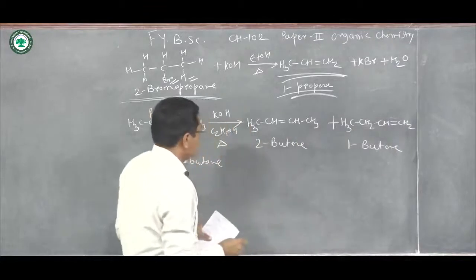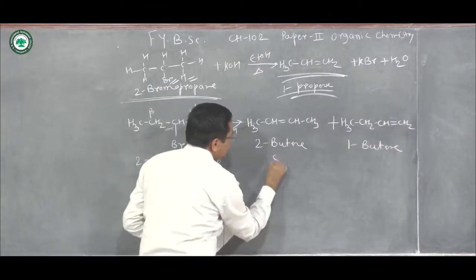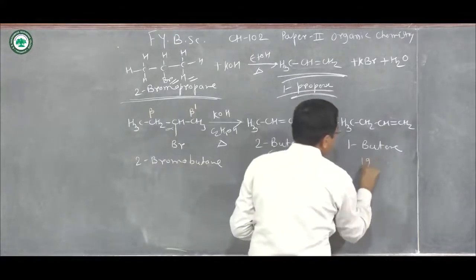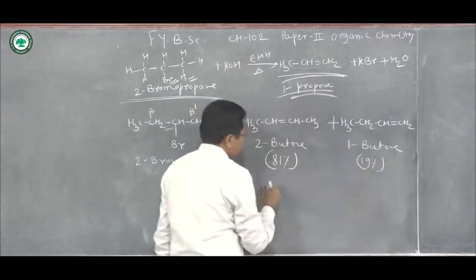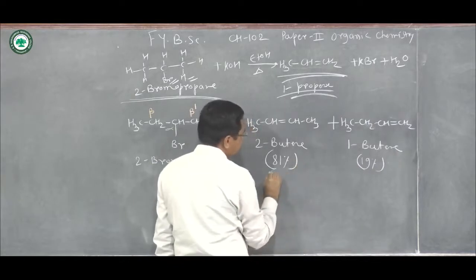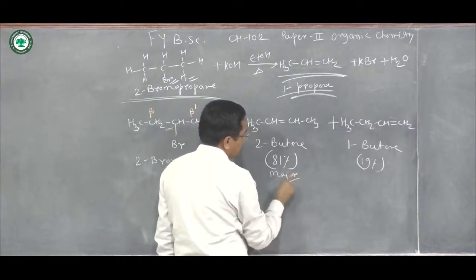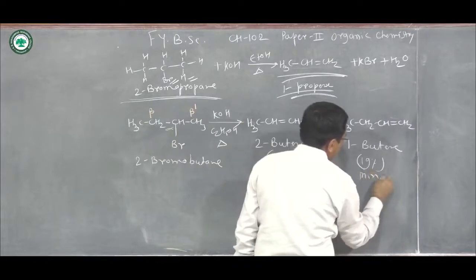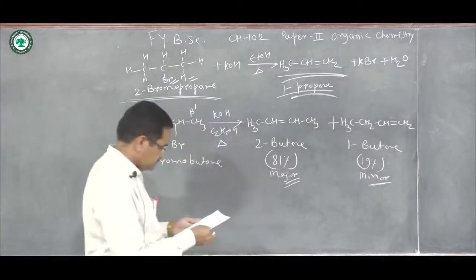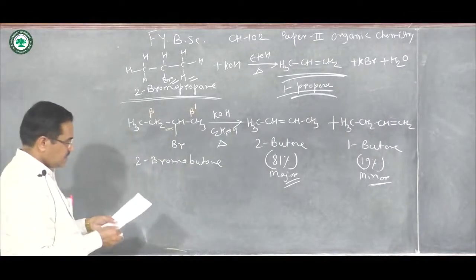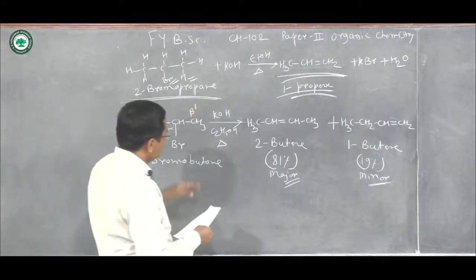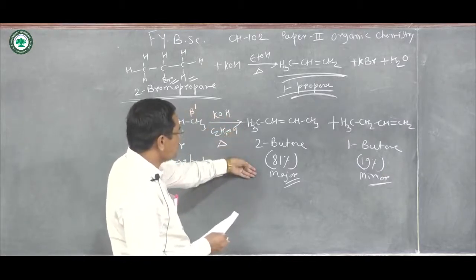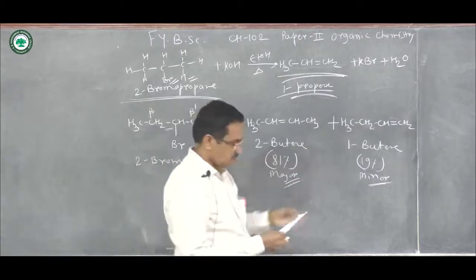But here this having 81% is the yield and this having only 19% is the yield, means here is the major yield and here is the minor yield, means 2-butene is the major product and 1-butene is the minor product.